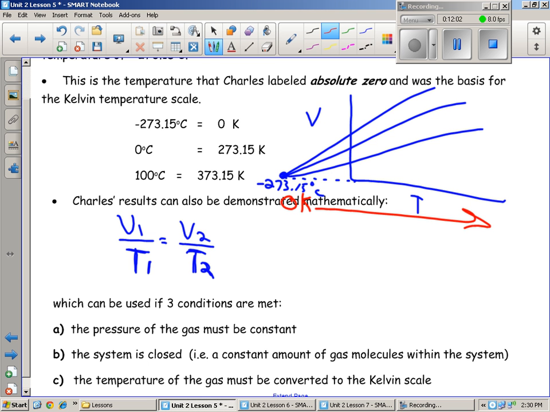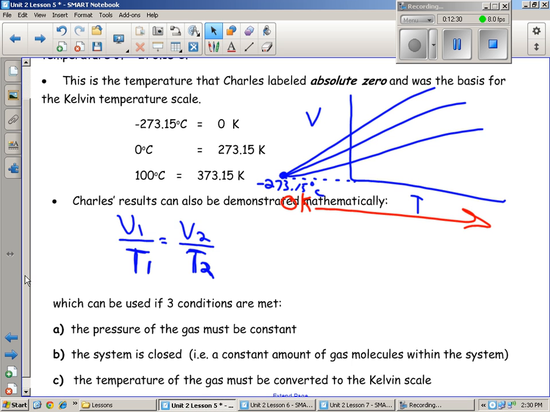So 0 Kelvin, everything's got to be above that. If we change the temperature into Kelvin for every formula we do this year, we get away from negatives, we get away from zeros on the bottom, and that's a good thing. So that's where they came up with the scale from. That's the Kelvin scale. Came up with that because once again, we're changing all the negatives and the 0 into positive numbers.